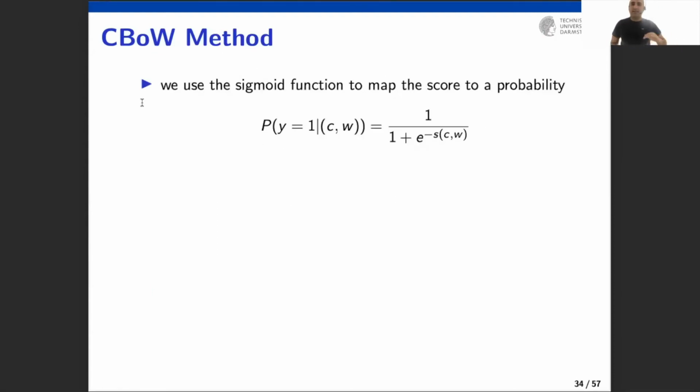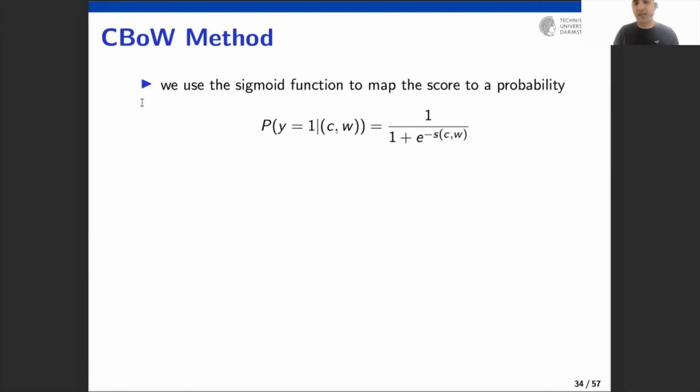But the point is that the scores can be any numbers, right? Because when you use the dot product between these two vectors, the output score can be any real number. There is no limit for that. In order to make some limitation on these scores, we can give them to a sigmoid function to map the scores to a probability between 0 and 1.